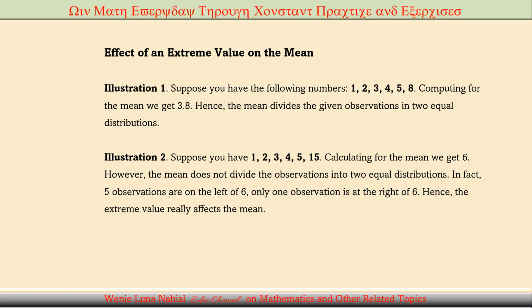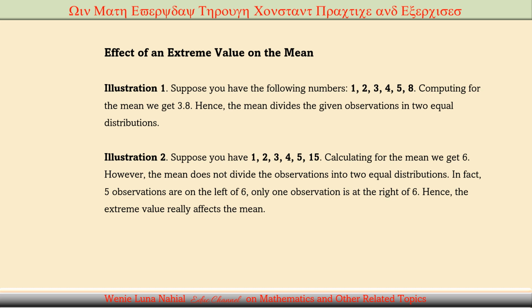Since the mean is between 3 and 4, 3 of the observations are to the left of the mean. These are 1, 2, and 3. And the other 3 observations, 4, 5, and 8, are to the right of the mean. So, the mean is not affected by an extreme value.